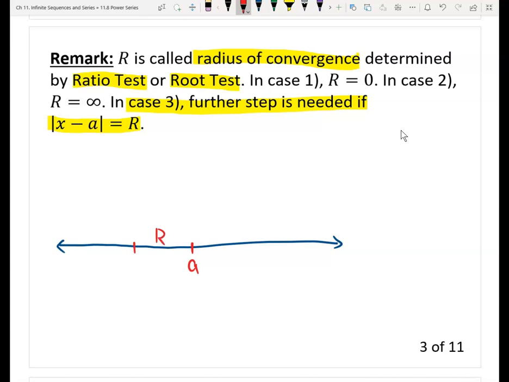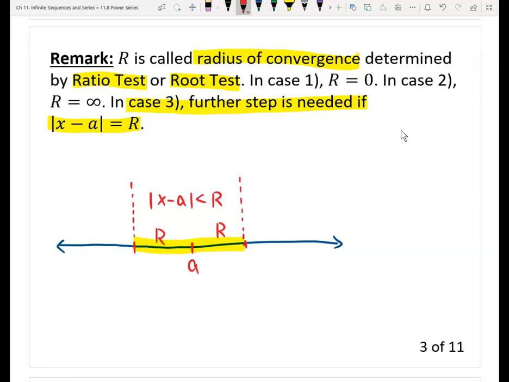If this radius is r, can you see what? From the left endpoint to the right endpoint, this is the r neighborhood. Let me highlight it. If we describe it, the distance to a is less than r, right?